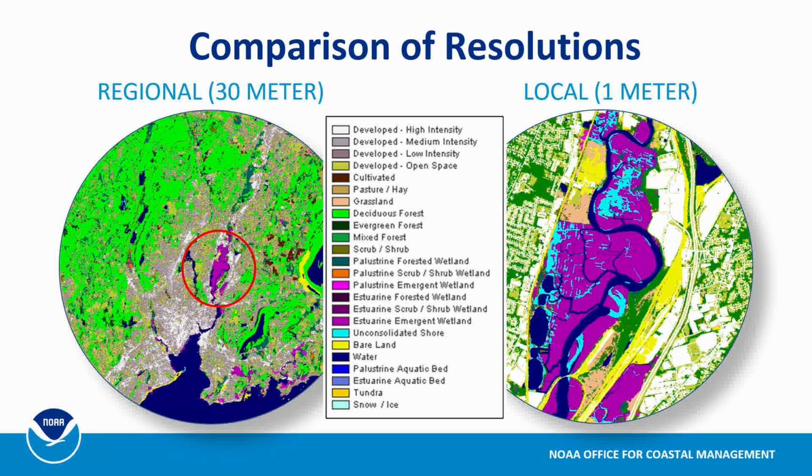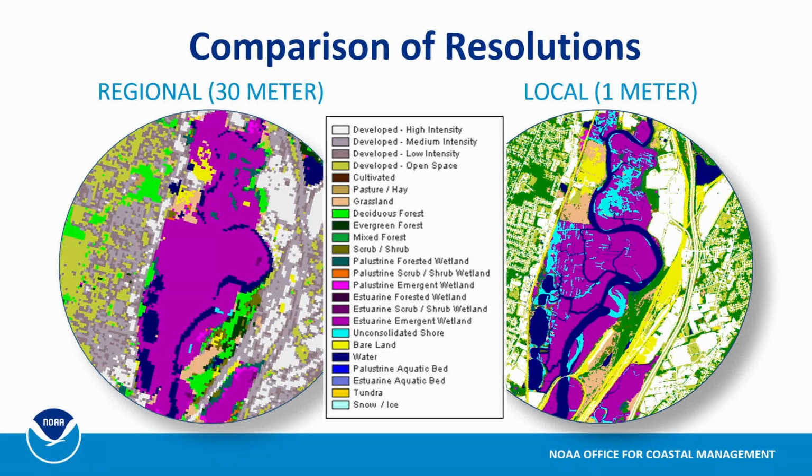These are the classifications for all of the CCAP data. You can see there's the developed, the uplands, the wetlands, the water, bare land, and the aquatic beds as well. The high resolution can support all the many applications that standard 30-meter products can, with the added advantage of giving more regional applications greater precision and accuracy.